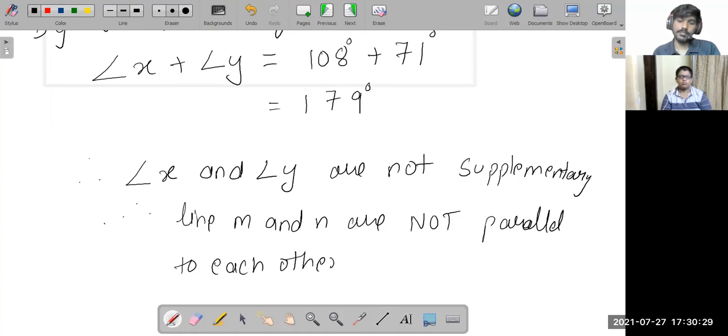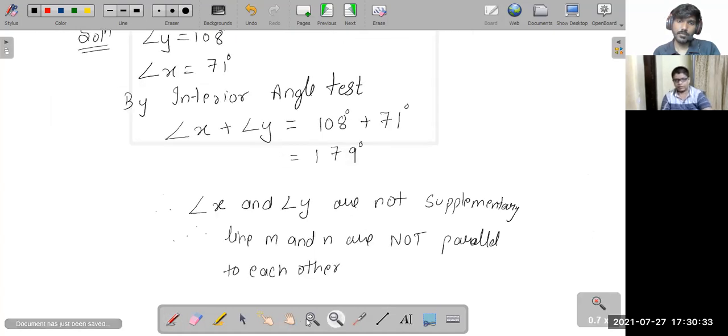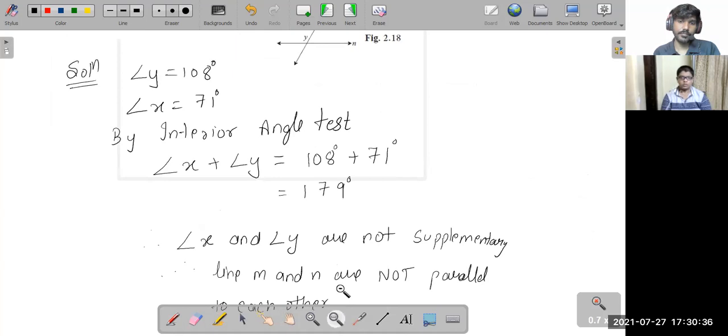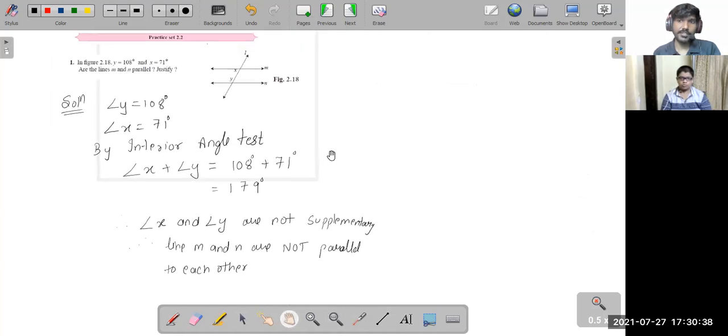Is this clear? Yes, sure. Write it down. Can you see the entire sum?